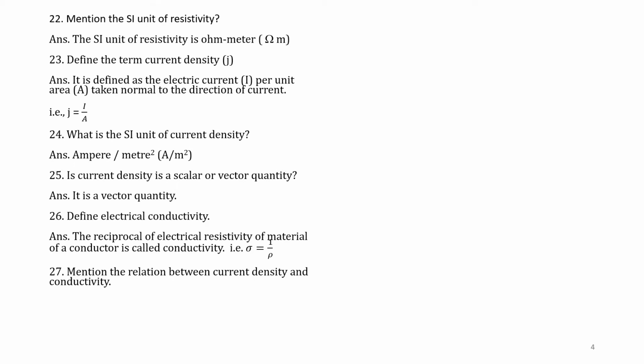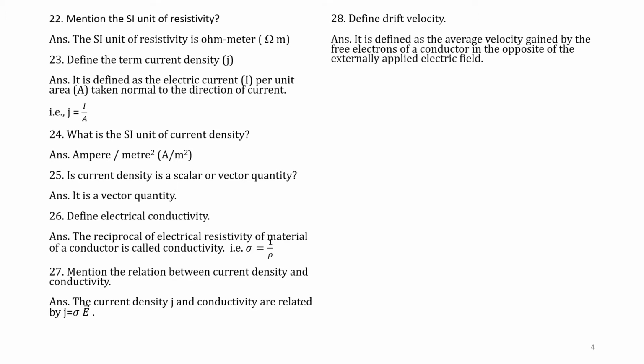Mention the relation between current density and conductivity. Answer. The current density J and conductivity are related by J is equal to sigma E, where J is the current density, sigma is the electrical conductivity, and E is the electric field.